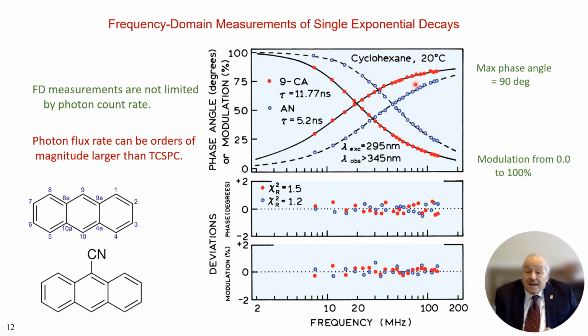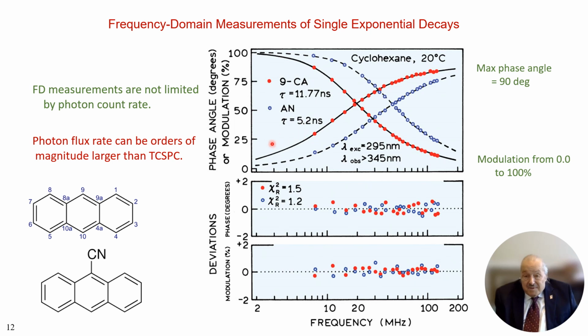So let's look at a few measurements of single exponential decays rather than that complex decay we looked at previously. We used two compounds, anthracene and nonyl-cyanoanthracene, and we looked at their frequency responses.